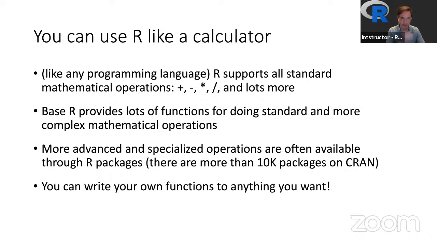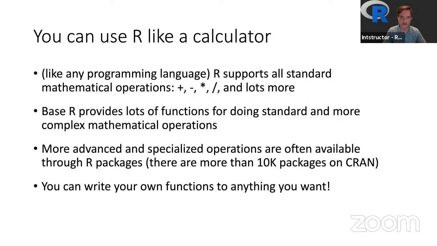Okay. The first thing we're going to do with R coding is using R like a calculator. This is kind of boring and maybe not too exciting, but R, believe it or not, can be used just like a calculator. It has all the standard operations, plus, minus, multiplication, division, all kinds of other stuff, modulo operators, matrix multiplications, and so on.